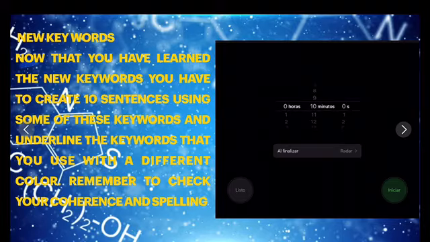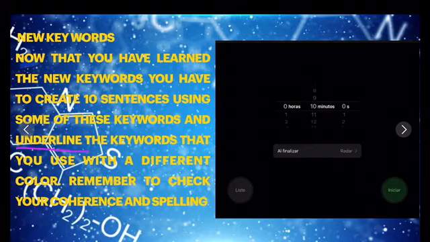So now that you have learned these new keywords, you have to create 10 sentences using some of the keywords and underline the keywords that you're going to use with a different color, okay? That means there will be 10 keywords.